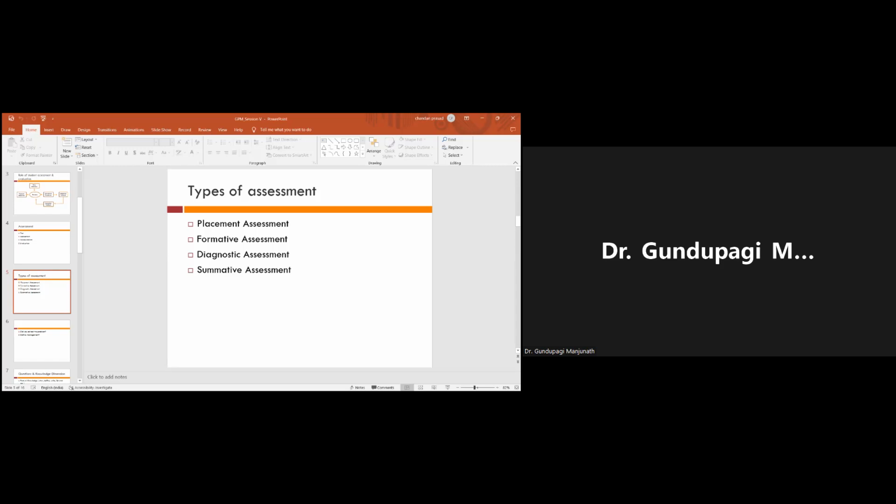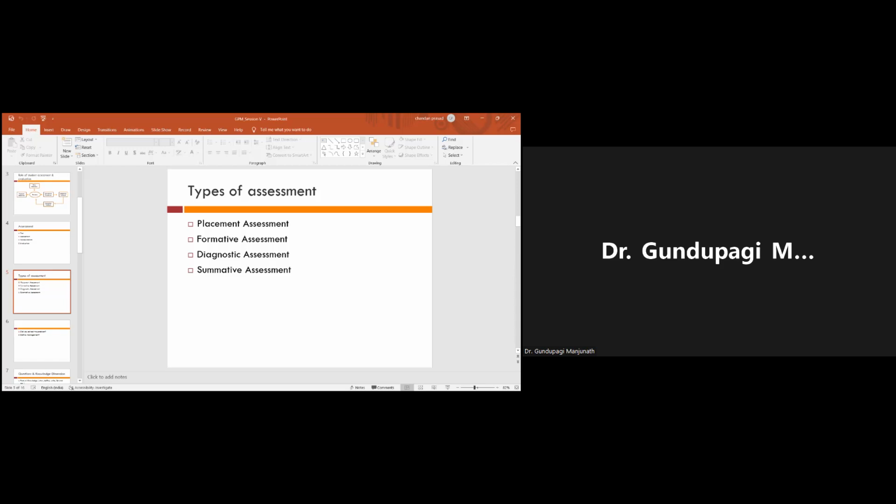So here, different types. The first one is placement assessment. In this assessment, we determine whether the student has the prerequisite skills or not. If you observe, whenever a student wants to enroll in a particular course nowadays, especially in online programs, they mention one particular term called prerequisites.